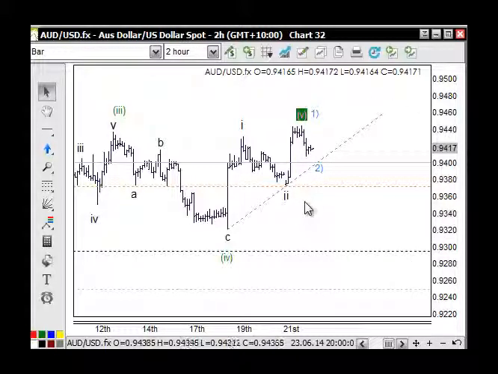So just pointing out that this particular low here, we can call it 93.72, would need to stay in place. So any long positions that you have here, if you're still in them, then that would be the logical place to put the stop, under there.